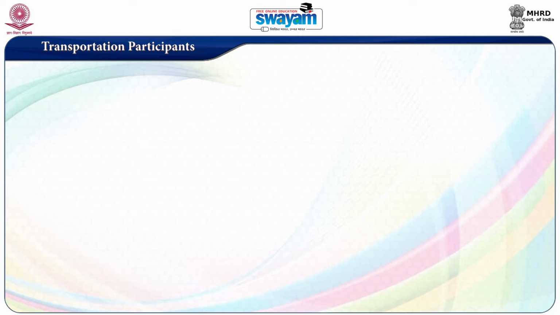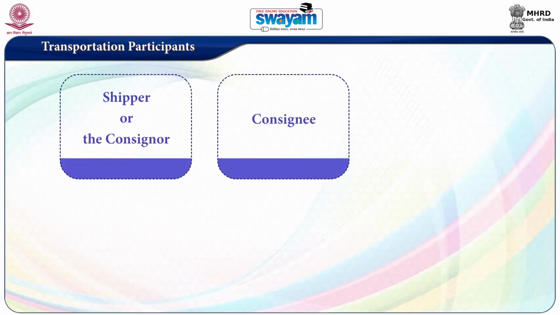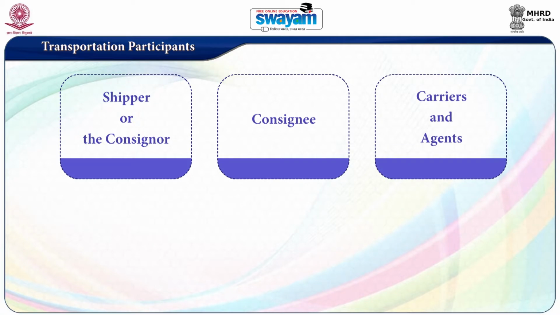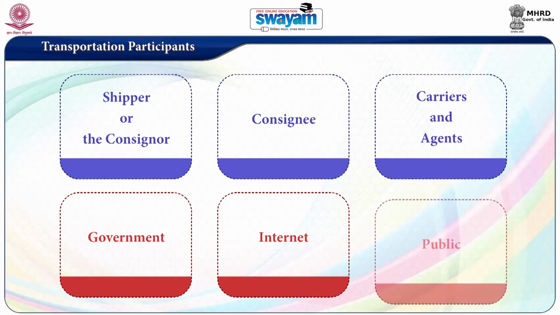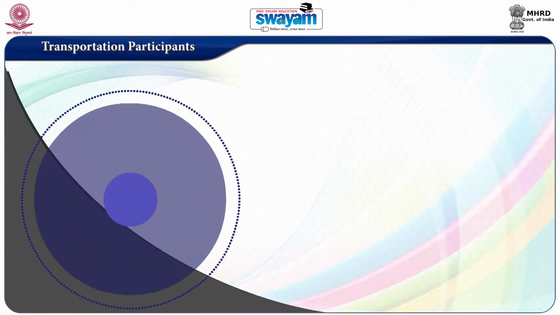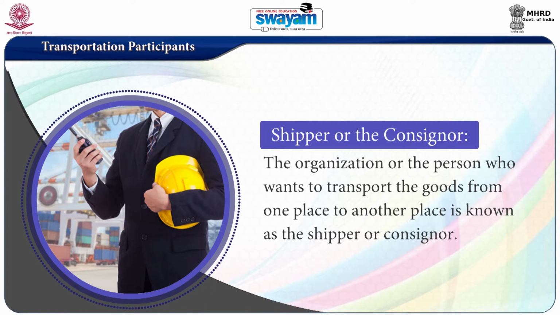The participants are the shipper or the consignor, the consignee, the carriers and the agents, the government, internet and the public. Let us now look one by one. Shipper or the consignor.